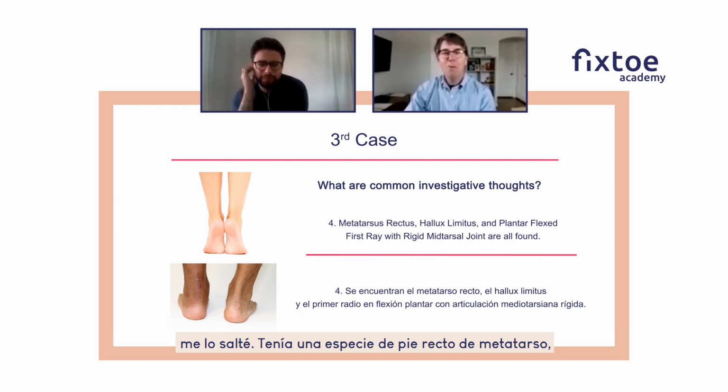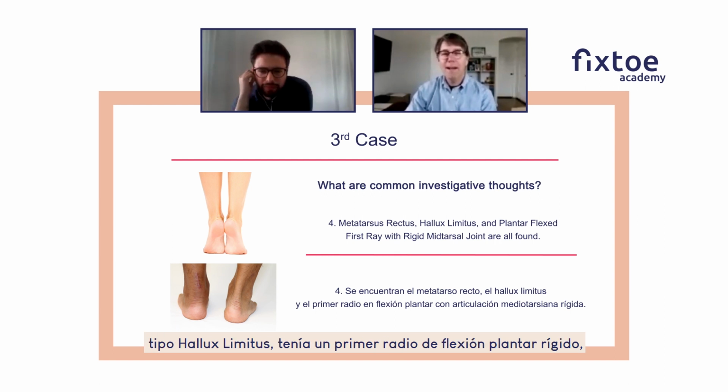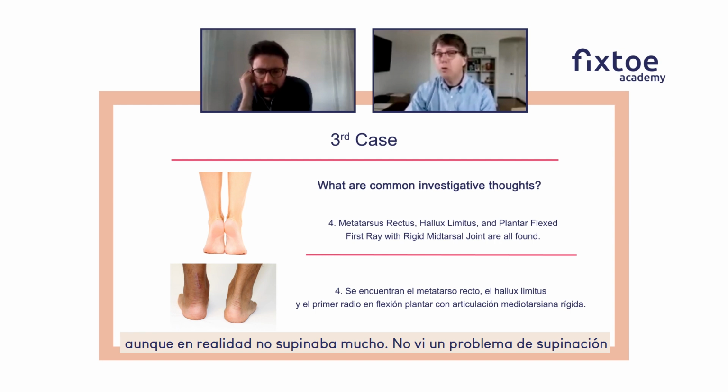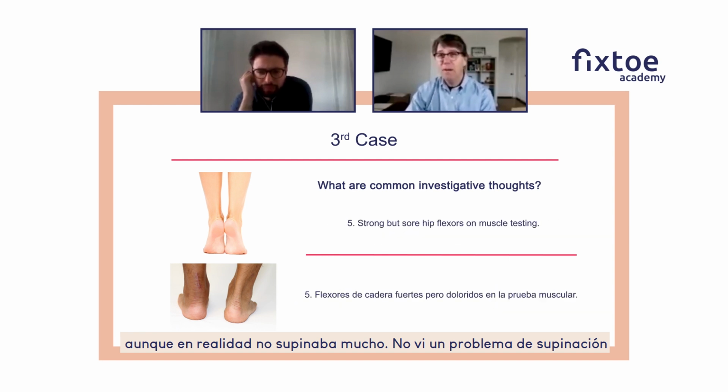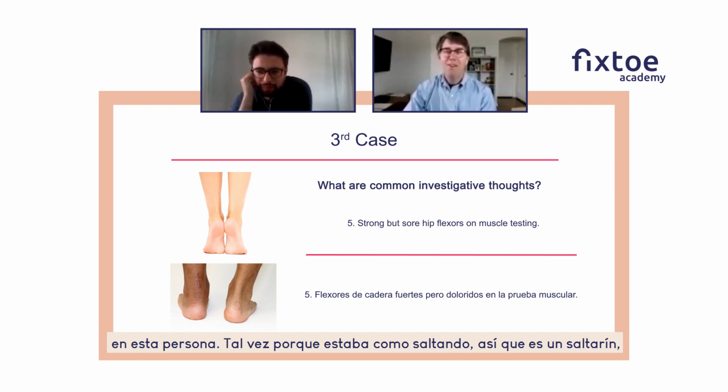They did have a sort of a metatarsus rectus foot, a hallux limitus type of foot. They did have a plantarflexed first ray with a rigid, although they didn't really supinate a lot. I didn't see a supination problem with this person, maybe because they were just sort of plopping along. So it was a plopper, whatever that medical term is.